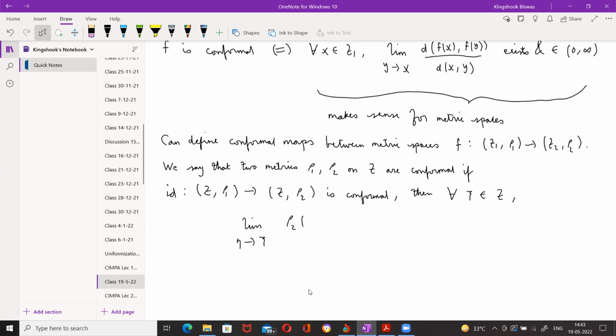So f is the identity. So it's just rho 2 of xi eta divided by rho 1 of xi eta. This limit exists and is positive and finite, right?